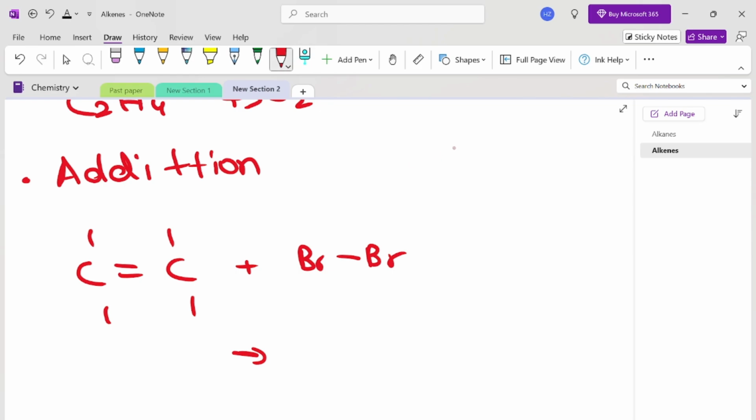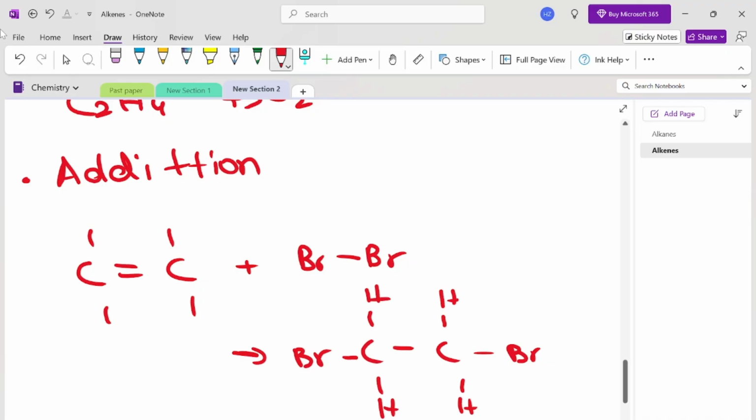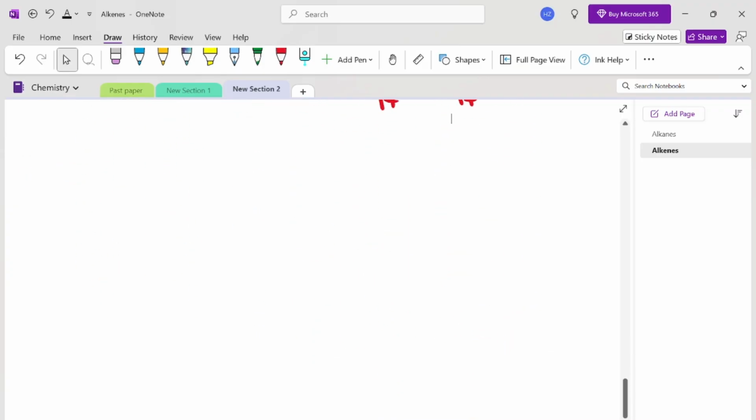Now let's complete the equation. So the final equation is going to be like this. This is bromine, this is bromine. This is hydrogen, hydrogen, hydrogen, hydrogen. Now, one more thing that this does is free radical substitution, and that only happens in the presence of UV light.